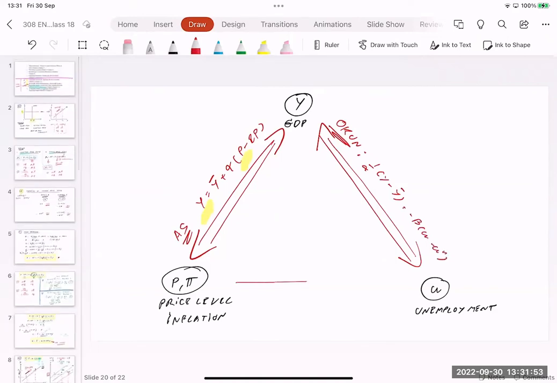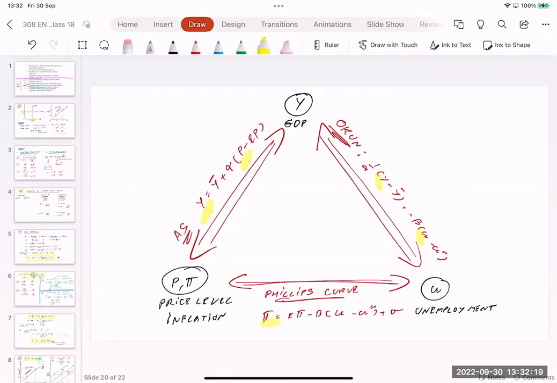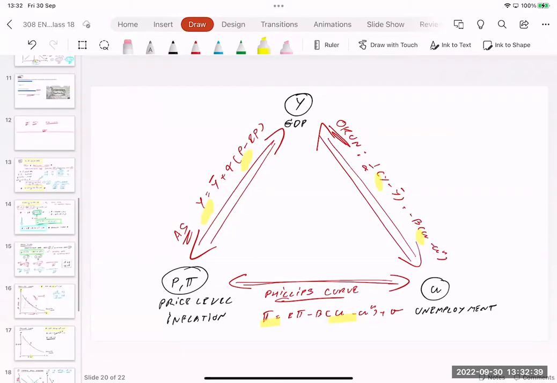And the last one, we have the Phillips curve, which shows the relationship between inflation and unemployment: pi equals expected pi minus beta times U minus UN plus V. So it becomes a triangle of GDP, price level, and unemployment, represented by three main equations: the aggregate supply curve, Okun's law, and the Phillips curve. Okay, with this chapter, it's all done.